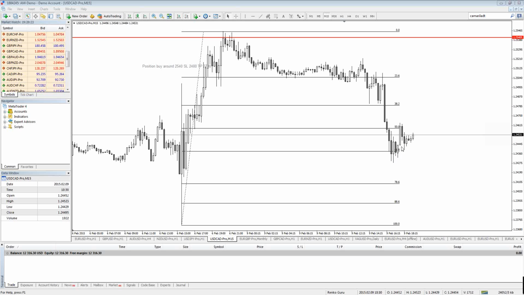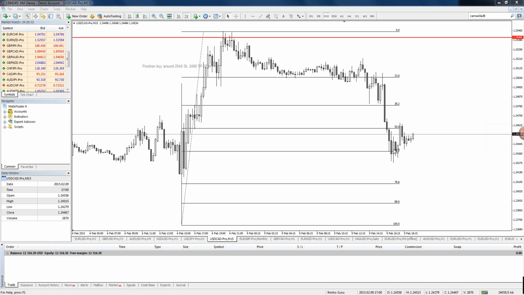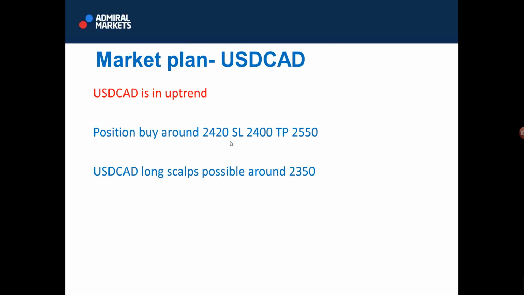Definitely this is a good level. This is a good support. Look at the low, 2427. So 2420 is really good support, and if you buy from this support again, it can go to 2550.